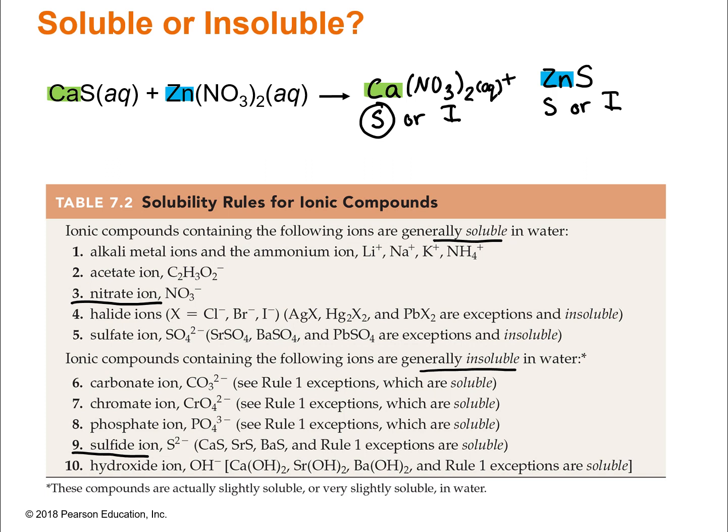So that means this particular sulfide compound is insoluble. Put an S there. It forms a solid. Because we had a swapping of ions and we formed an insoluble solid, this is a double replacement reaction.